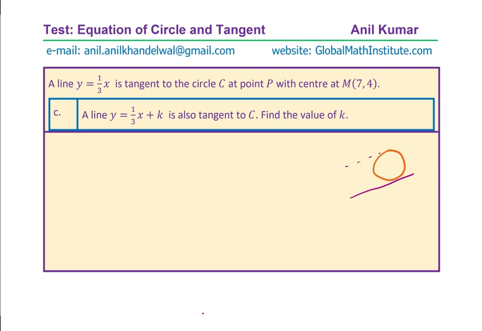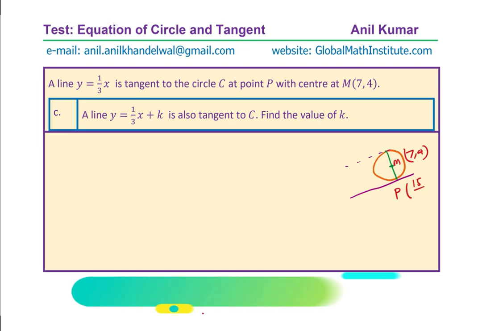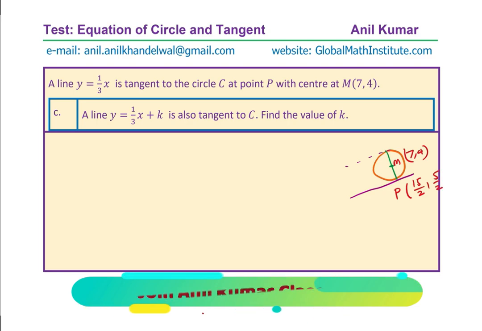We want the equation of the other line. We know these points, right? We know the center. The center is 7, 4, that is point M. And we found this point P, which is 15 by 2 and 5 by 2, correct?